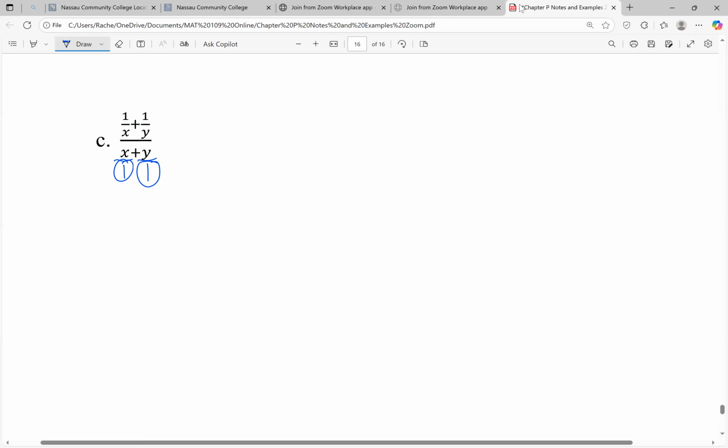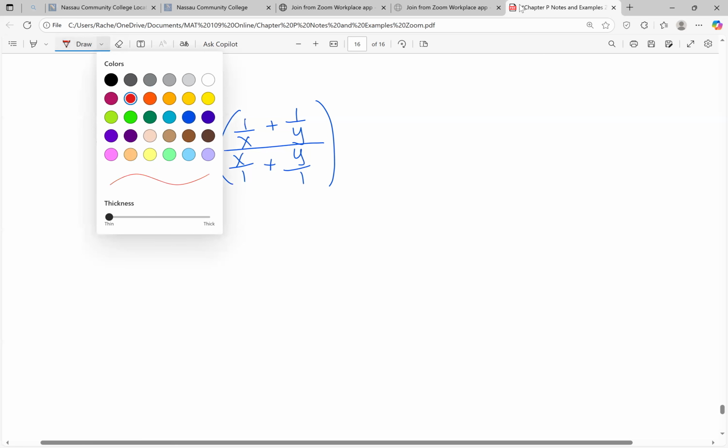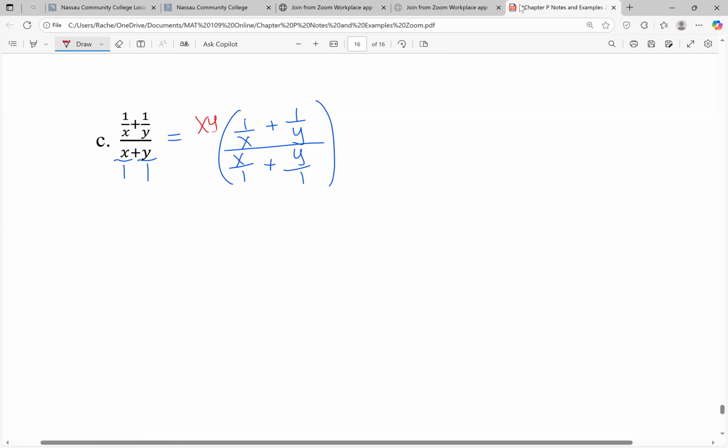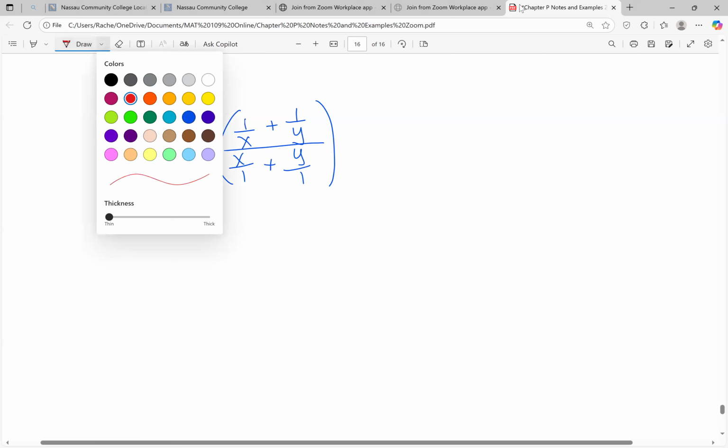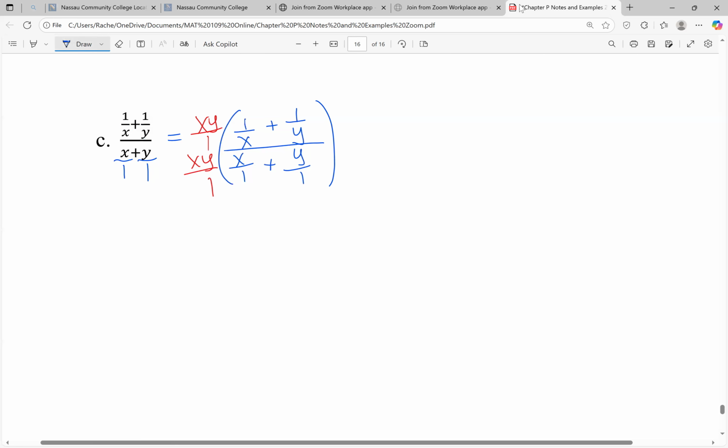So I'm going to multiply the numerator and the denominator by x times y. So look, we have 1 over x plus 1 over y divided by x over 1 plus y over 1. And let me just change color for a minute. So we're going to multiply the numerator and the denominator by xy over 1.